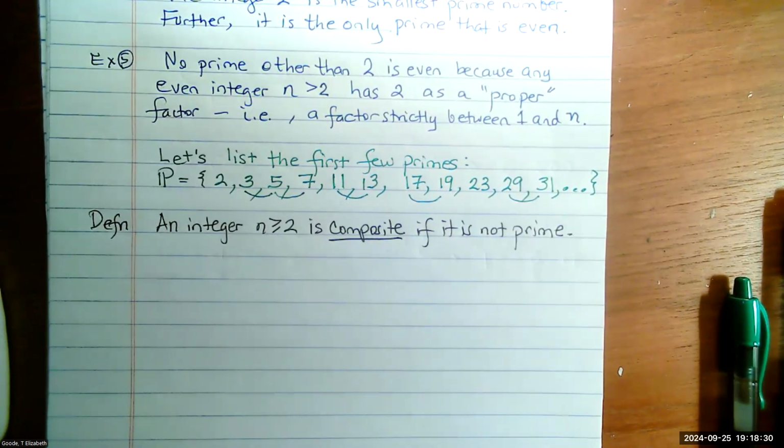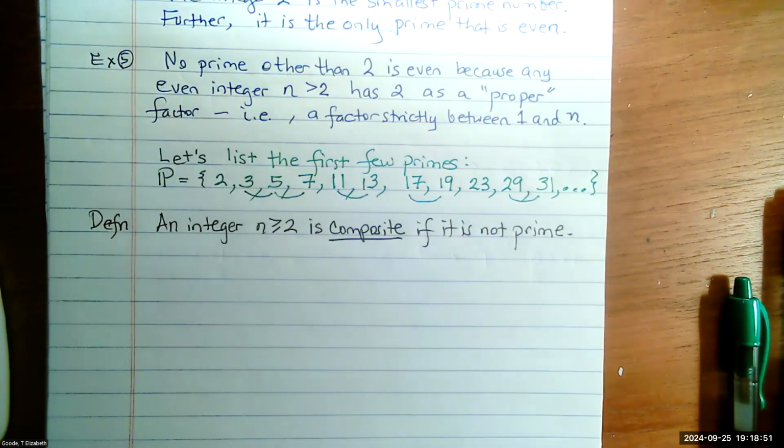Perfectly true and perfectly useless. Perfectly useless definition. Let's think about why this is completely useless. It only tells us what a composite number is not. It doesn't clarify for us what a composite number is.